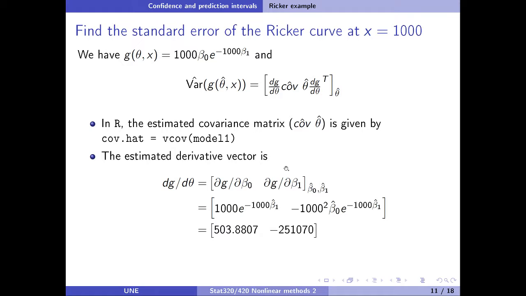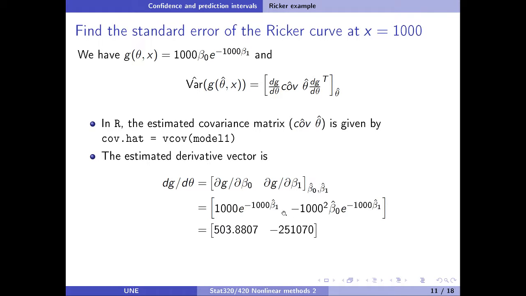The second partial we're interested in is the derivative of g with respect to beta 1. This is really just e to the minus a constant times beta 1, and the derivative of that pulls the constant in front, and everything else sticks around. So we get 1,000 times negative 1,000, so negative 1,000 squared, times beta naught hat, e to the negative 1,000 beta 1 hat.